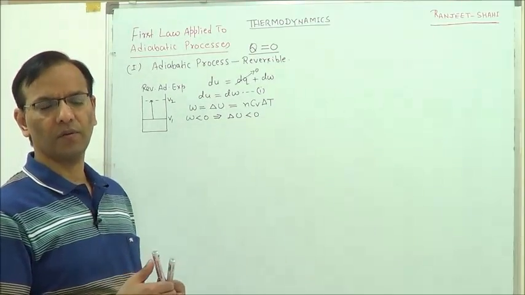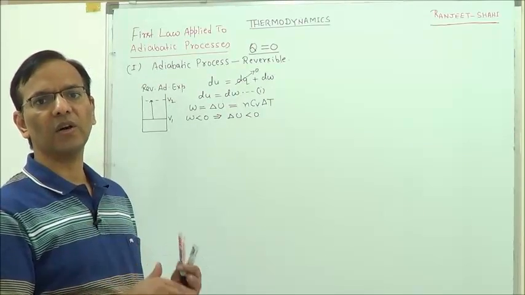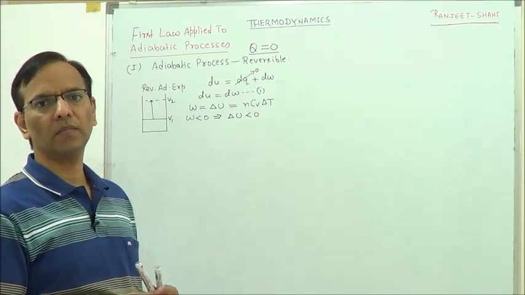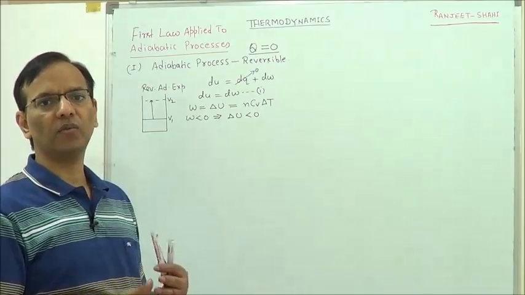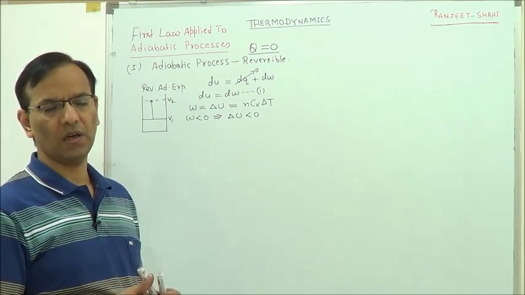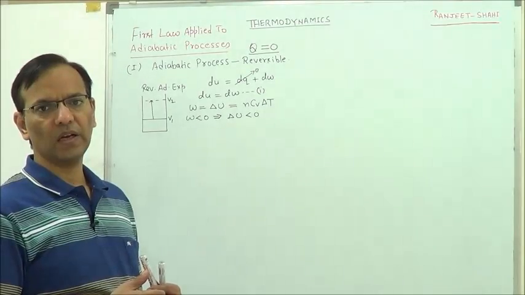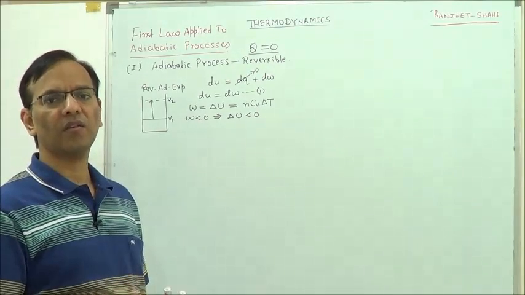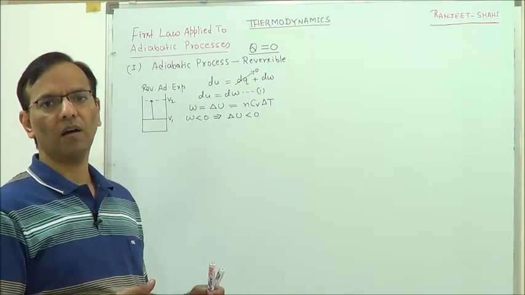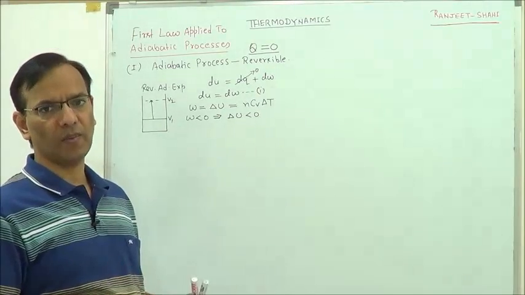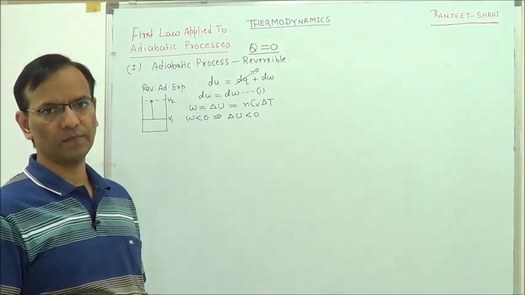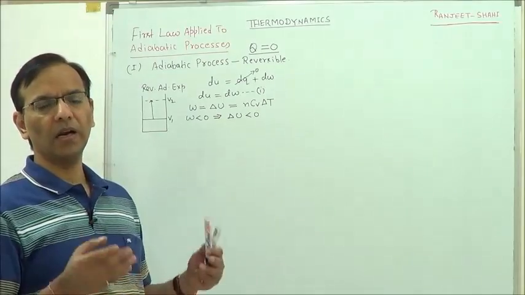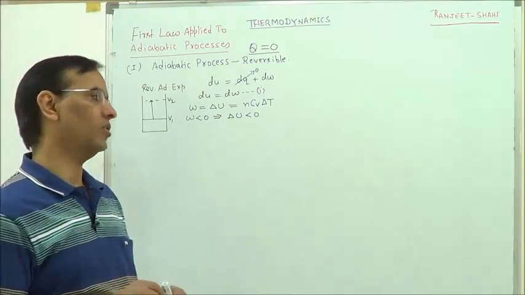Work is a form of energy. So for doing work, the system will have to spend some energy, and that energy can come from the internal energy of the system only. So the system transforms some of its internal energy into work done on the surrounding. So in adiabatic expansion, the system does work on the surrounding at the cost of internal energy, that is, by decreasing its internal energy.